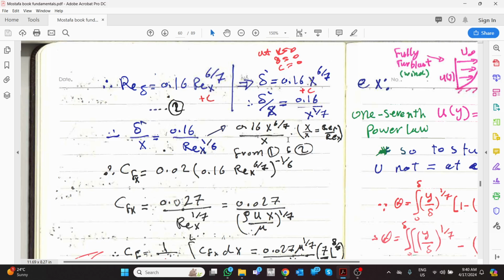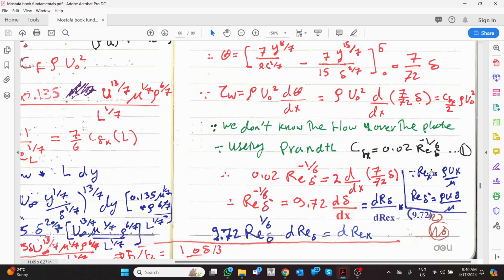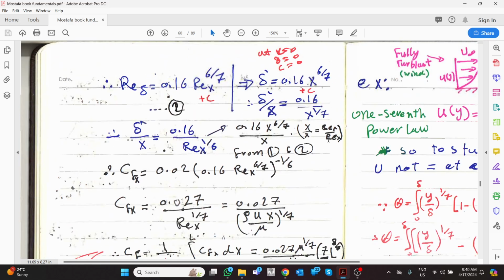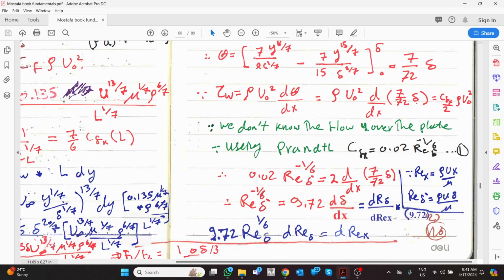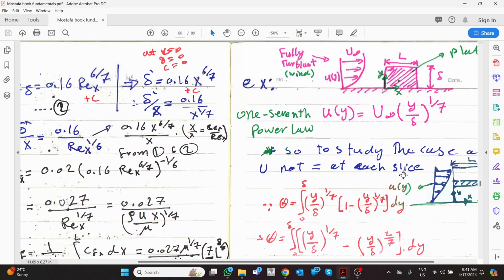Clear? So of course it will be 1 over 6 from here, because Reynolds number is equal to x, so x over x. Okay, based on that, we need to get the CFX formula.